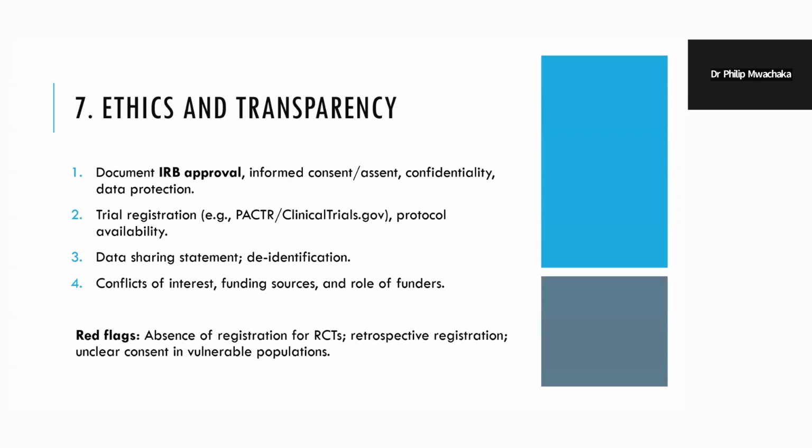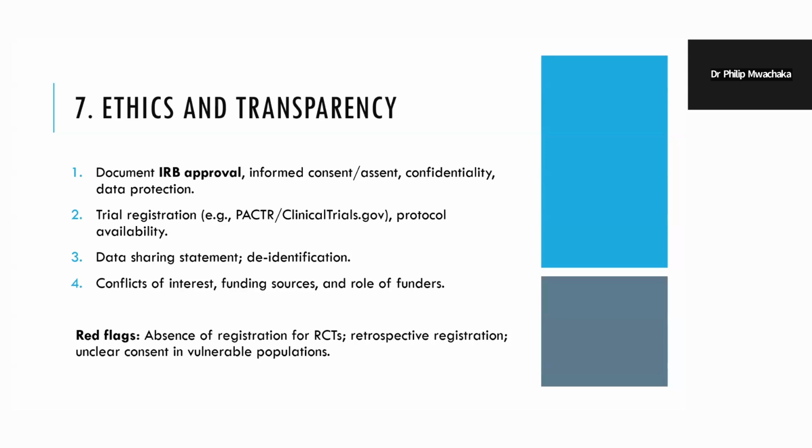And then also data sharing statement has to be there in the article because it's extremely important. Sometimes we may see some study that has very good results, and maybe it's a condition that has had very many issues, like maybe mortalities, poor outcomes. So anytime we see a study that has very good outcomes, then we may want to interrogate the results.